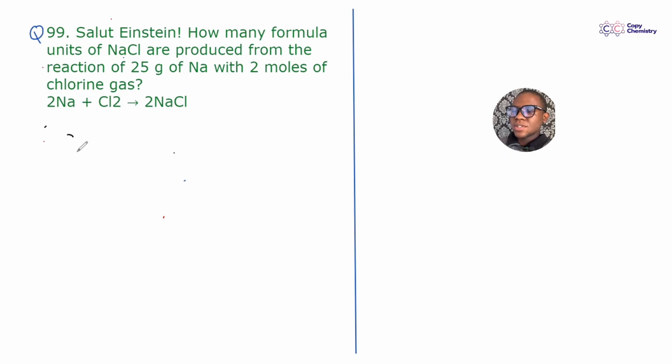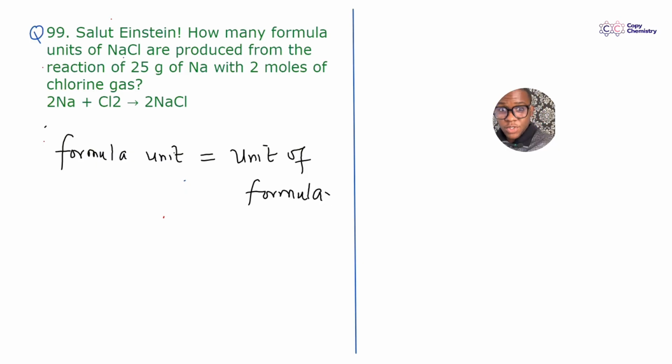Formula units is the same thing as unit of formula. If I'm talking about formula units of NaCl, it's basically like saying what is the unit of the formula NaCl? I'm talking about a unit of NaCl.